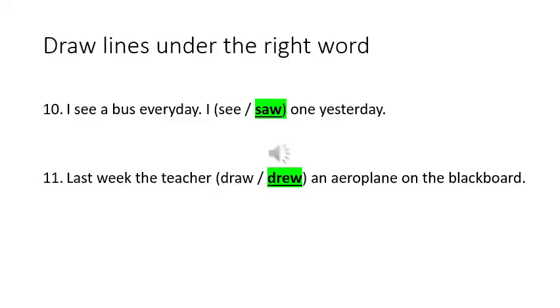Drew is the past tense of draw. So in this sentence, which is the correct option, draw or drew? Drew is the correct option. So how will you write the sentence? Last week, the teacher drew an aeroplane on the blackboard.